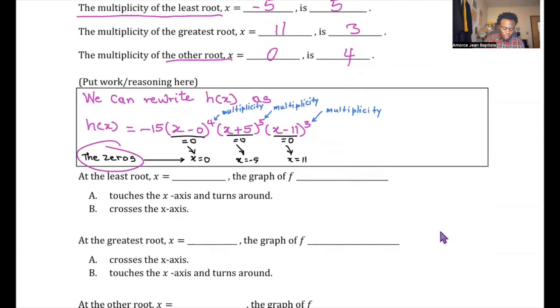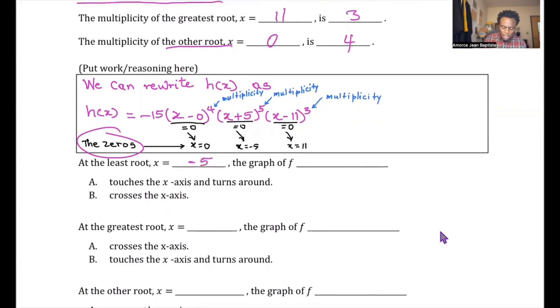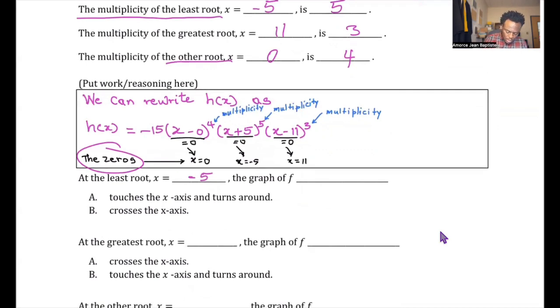Okay. Now, since we know the multiplicities, we know whether they are even or odd. Now we can tell what would be the effect on the graph based on whether the multiplicity of the zeros is even or odd. So the least zero was -5. With a multiplicity 5, we expect this to cross the x-axis.